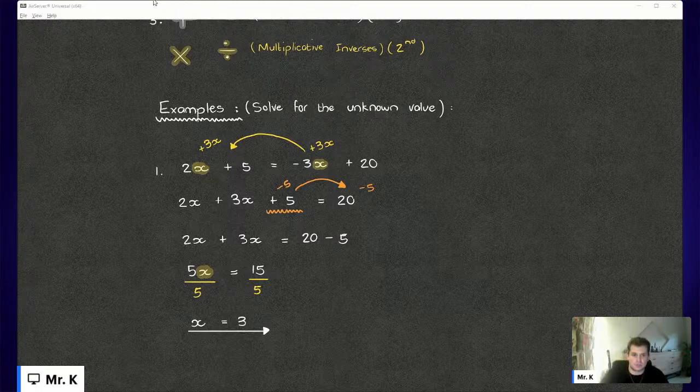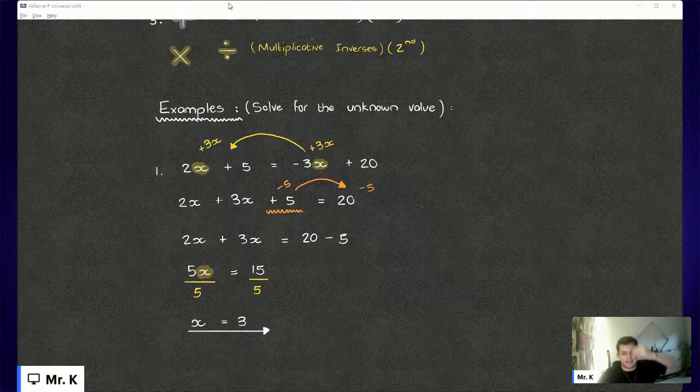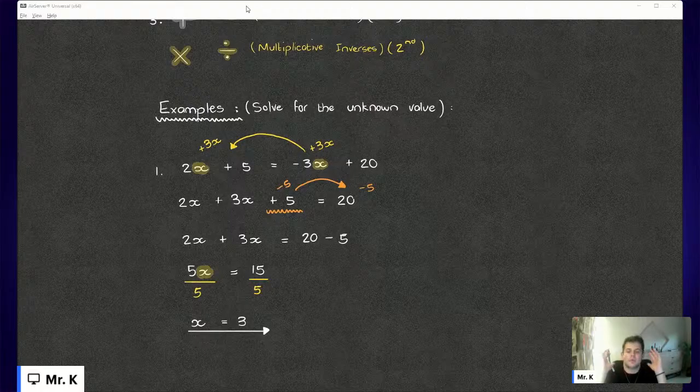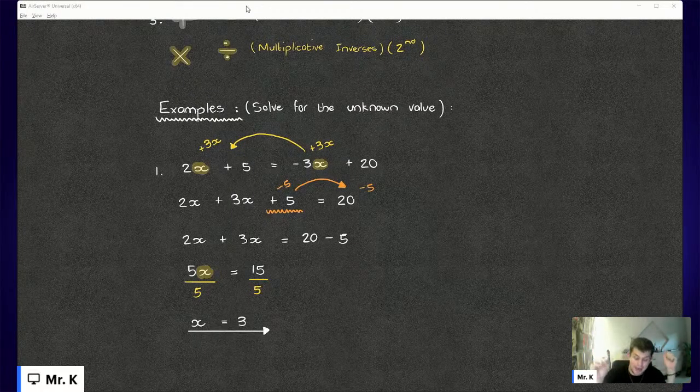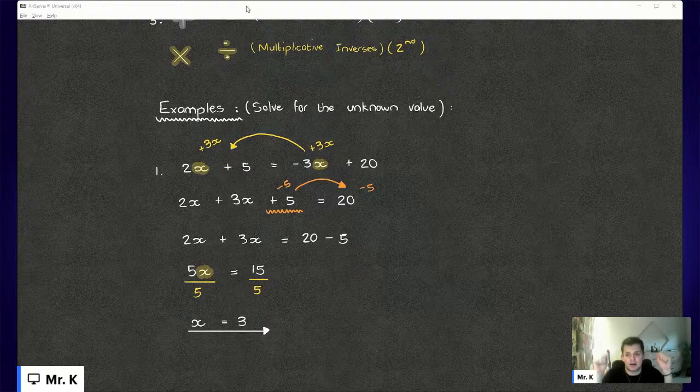Now, there are some shortcuts, and that's exactly what I want to show you guys. But this is exactly why I started by explaining additive and multiplicative inverses to you. Guys, when we are solving for a value, I cannot stress this enough. Maths is a game of manipulation.